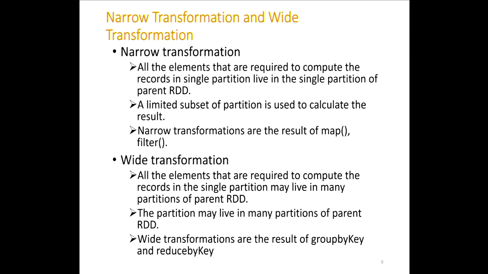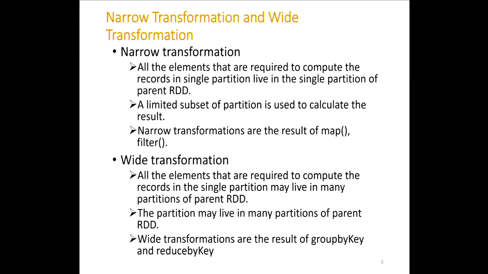But for reducing, in order for you to say how many times error is mentioned, or how many times car is mentioned, or how many times dog is mentioned, and so forth, there needs to be some shuffling of data from different nodes and partitions.